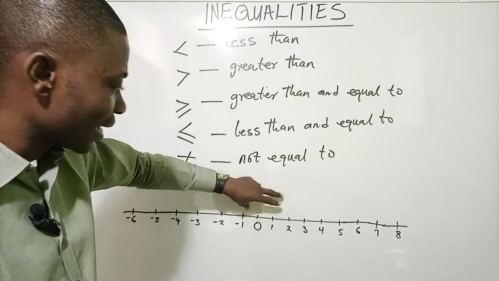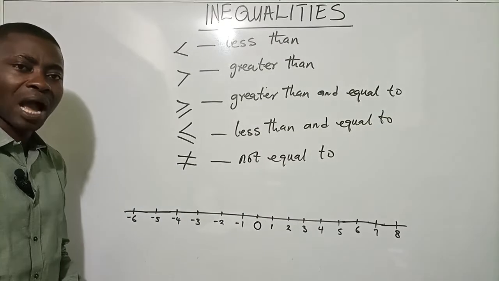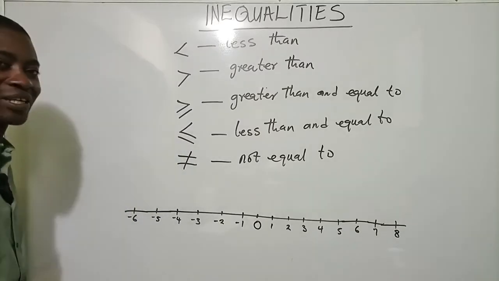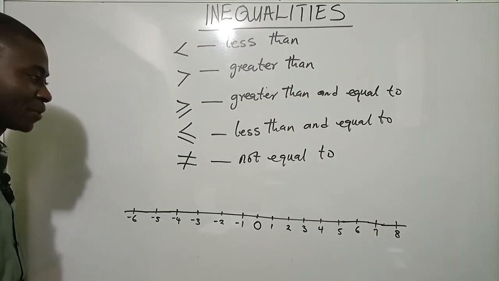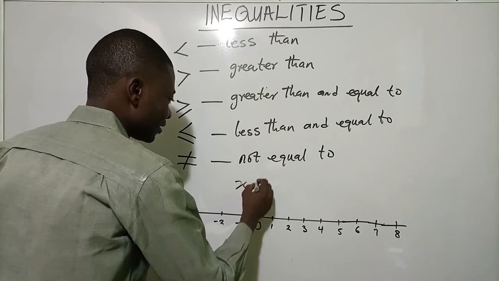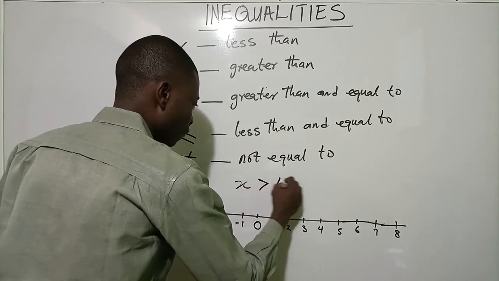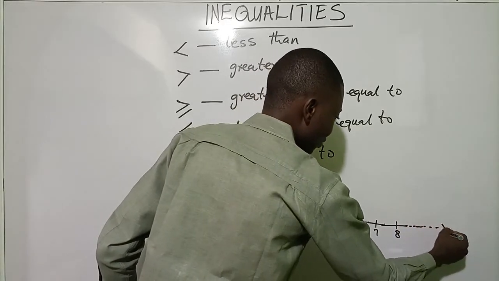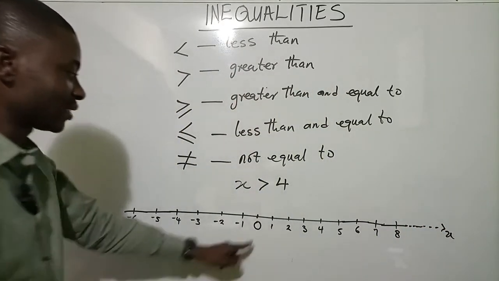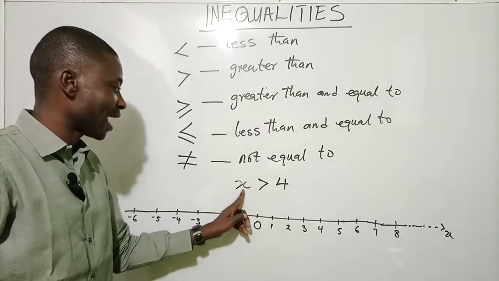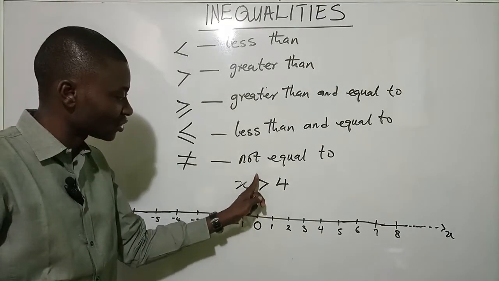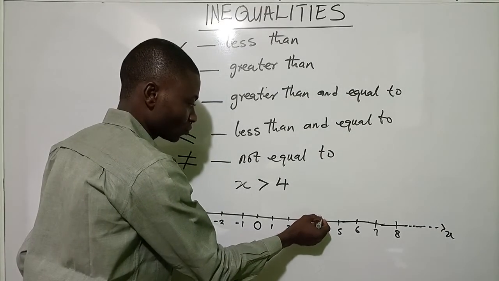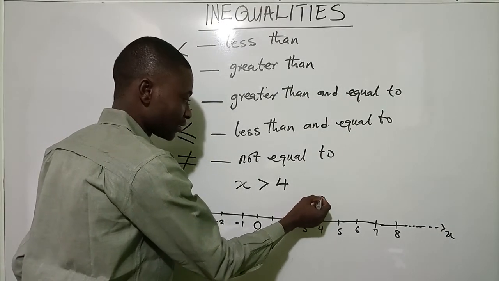Now, from this number line that I have on the board, there's something else I'll quickly show us. For instance, you are asked to express in number line, let's say x is greater than 4. When you have a number line like this, we call this x. So we assume our x starts from the middle here. Since it's just greater than, we come down to 4 and draw a circle like this.